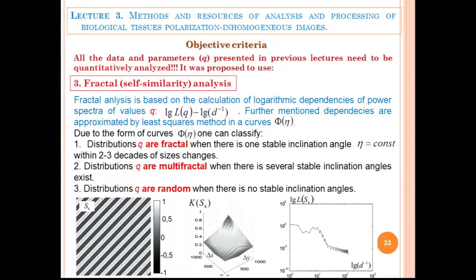And the distributions are random when there are no stable inclination angles. So one can use this approach independently of statistic and autocorrelation.